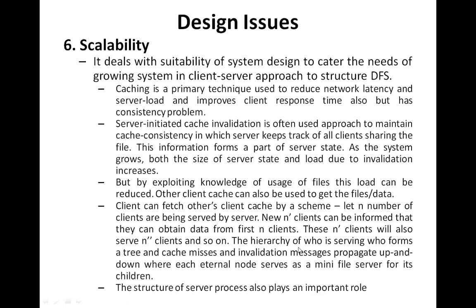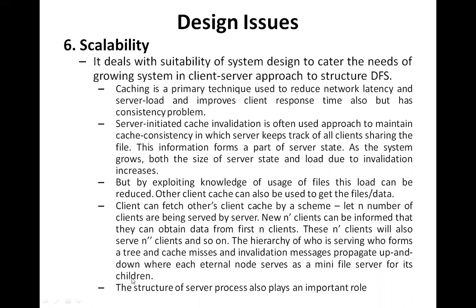So the hierarchy of who is serving whom forms a tree, and cache misses and invalidation messages propagate up and down, where each internal node serves as a mini file server for its children.